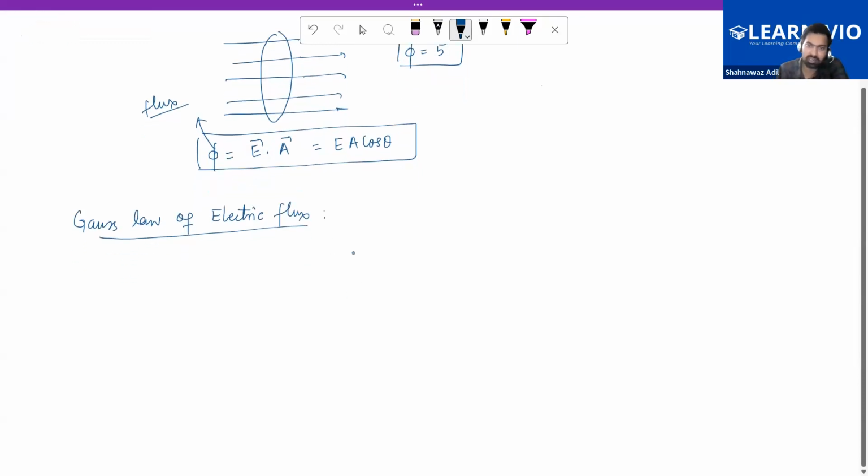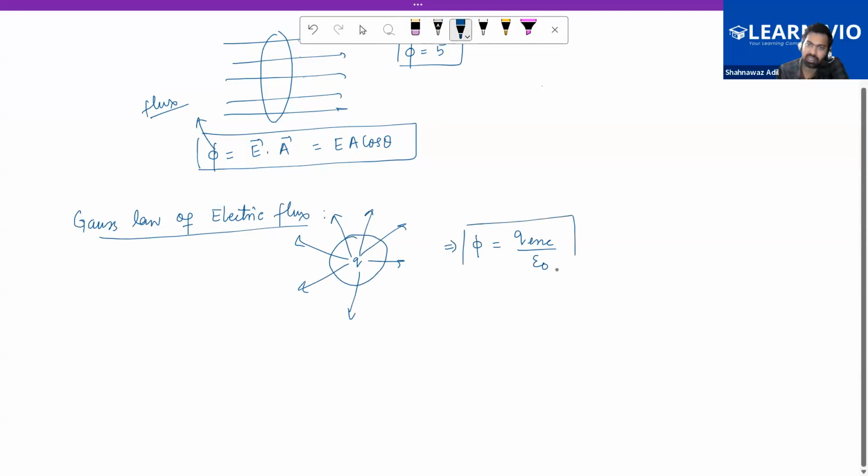It says that in a closed loop, if you calculate the flux in a closed loop, let's say this is some charge Q, then this flux is equal to Q enclosed by epsilon.